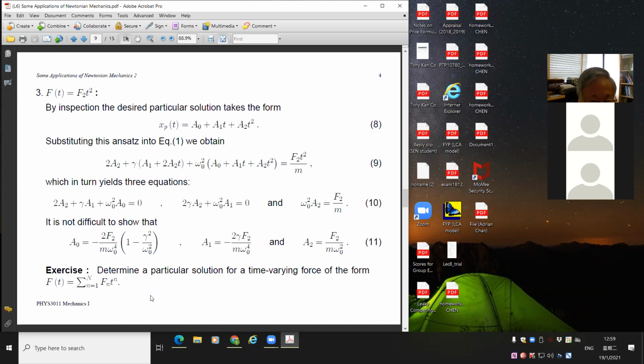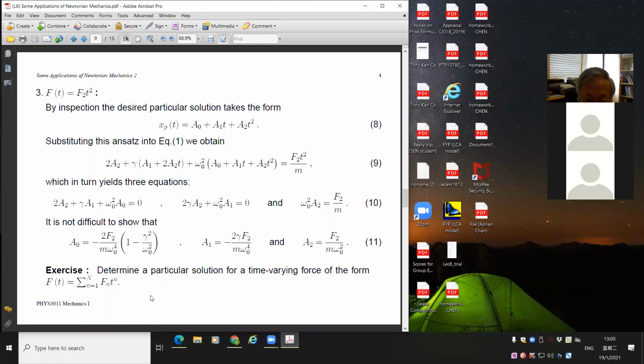Okay, let me say it again. Now, if you have this general form, in principle, we should try a polynomial of degree n for the particular solution, right?